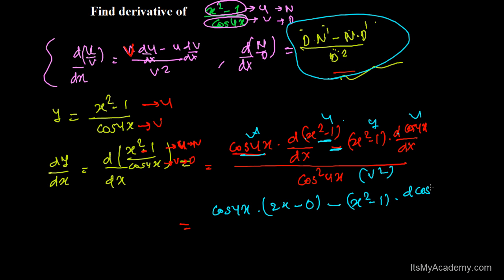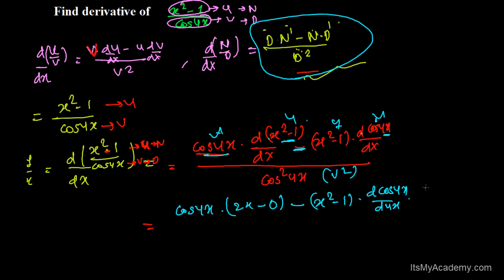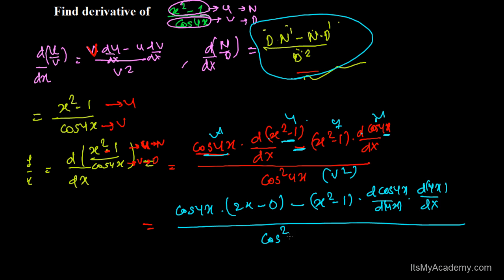So it is the derivative of cos 4x with respect to 4x, because whenever cos, sine, tan, cot, or any trig function has highest power 1, you differentiate with respect to the angle, and here the angle is 4x. Then I again differentiate 4x with respect to x, and the whole is divided by cos square 4x.